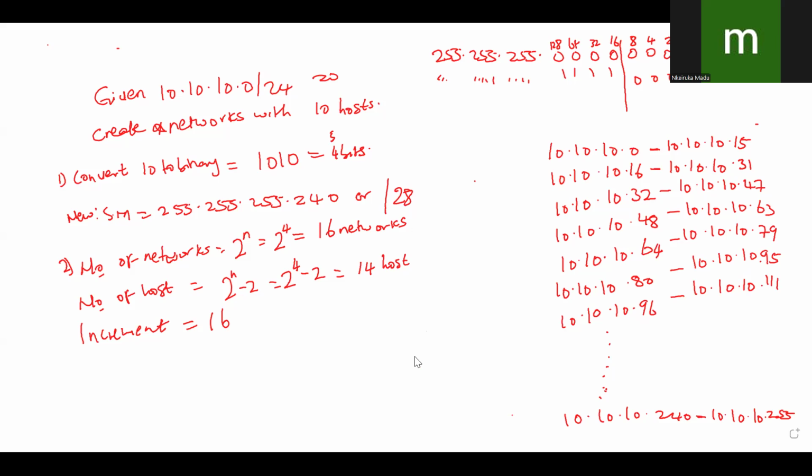If you borrow 6 bits, the only thing left for the hosts will be 2. So the increment for /30 is obviously going to be 4. If you know the increment is 4, you'll be able to determine the start network and the end network of the subnet you're given.